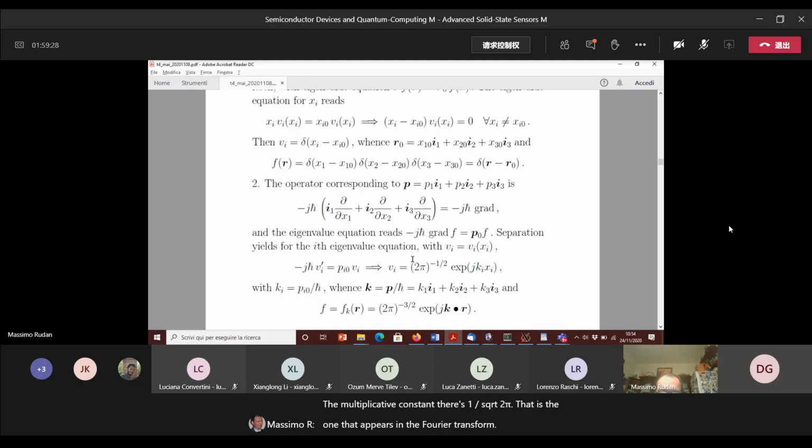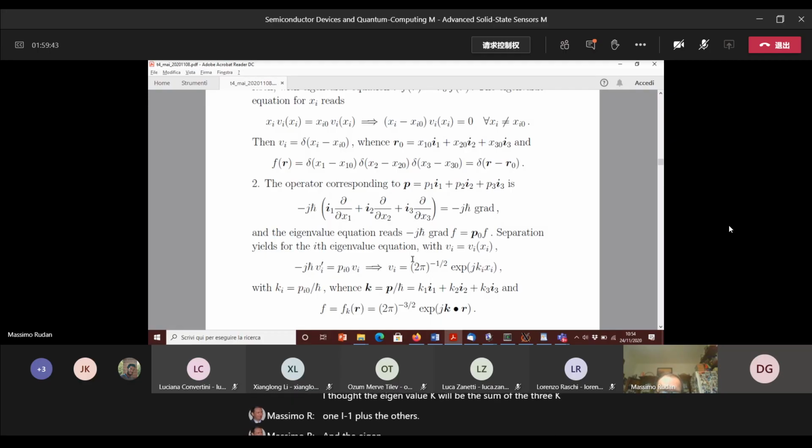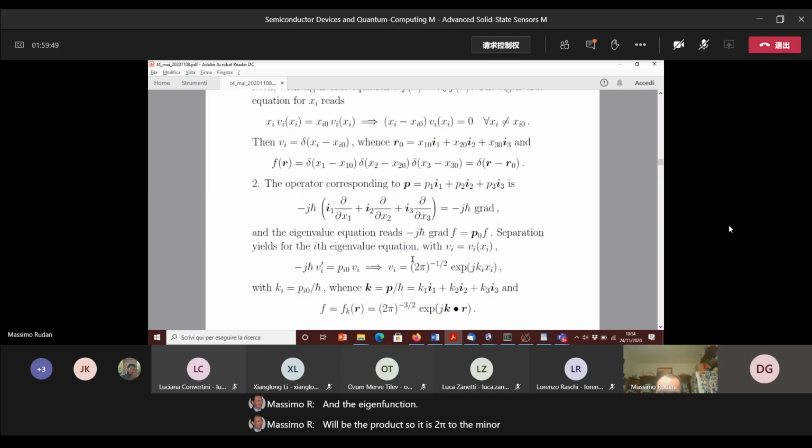Later, we put all these blocks together. So the eigenvalue k will be the sum of the three, k1 i1 plus the others. And the eigenfunction will be the product. So it is 2 pi to the minus 3/2 times the exponential of j k dot r, okay? So these are two examples.